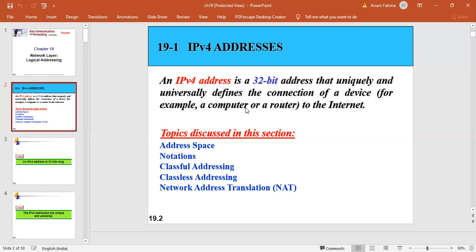Before we go forward with the functionalities of the network layer, first we need to understand IP addressing.